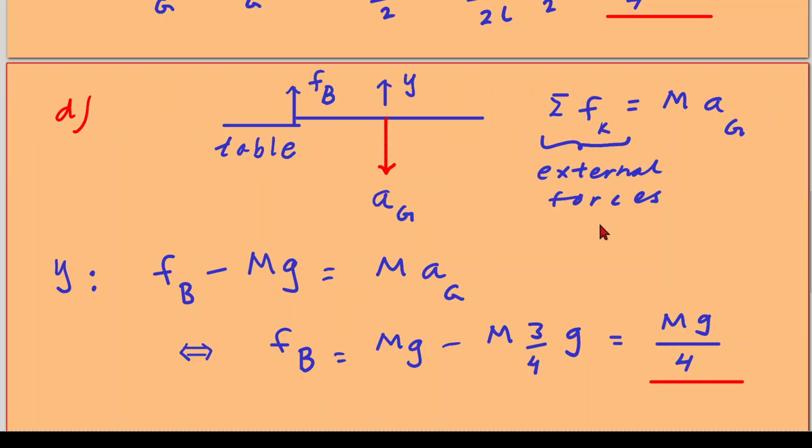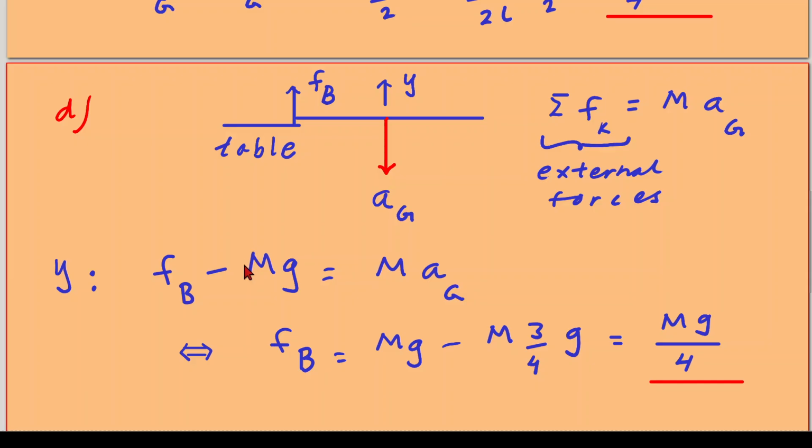And according to the center of mass law, the sum of the forces equals m times the acceleration in a certain direction, in this case in the y direction. So here are the sum of the forces. Fb is in positive y direction. Mg, which will be downwards here, is in negative y direction. And this should be mass times the acceleration of the center of mass.